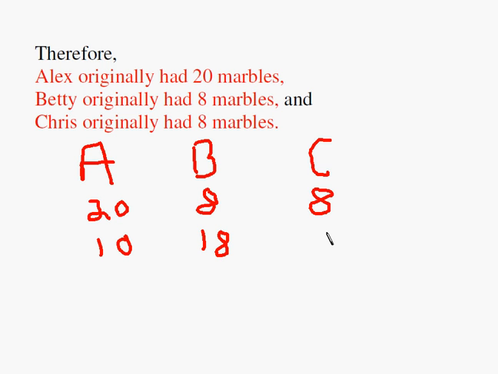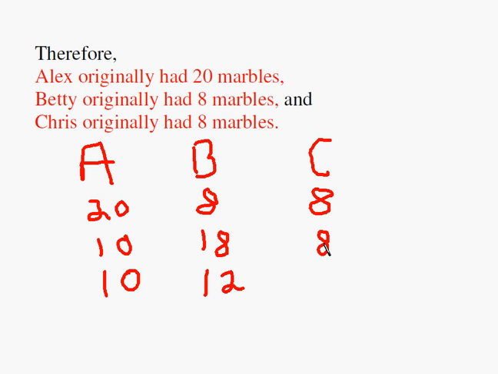Chris, not much happened with him yet. Okay. Betty gave Chris 1/3 of her marbles. So Alex, not much is going on, so I'm going to write 10 here. If Betty gives Chris 1/3 of her marbles, 1/3 of 18 is 6. So she's giving Chris 6 marbles. She ends up having 12.